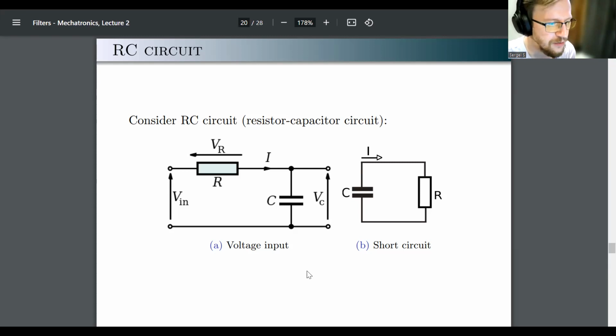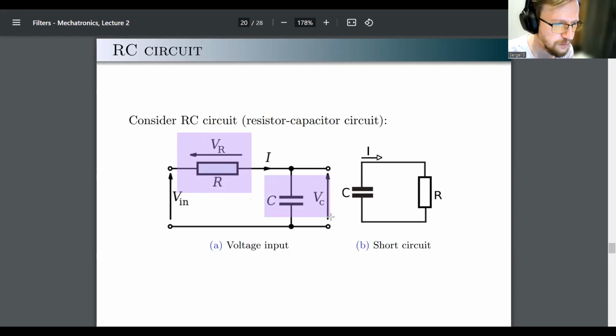We begin by simply looking at what an RC circuit is. As before, here is a resistor, and the voltage across the resistor can be measured if you put your multimeter right before and right after the resistor.